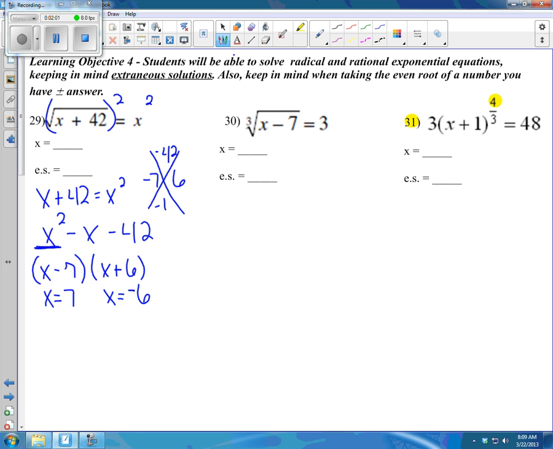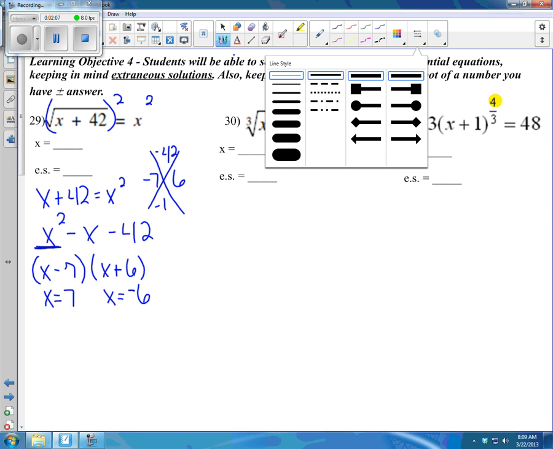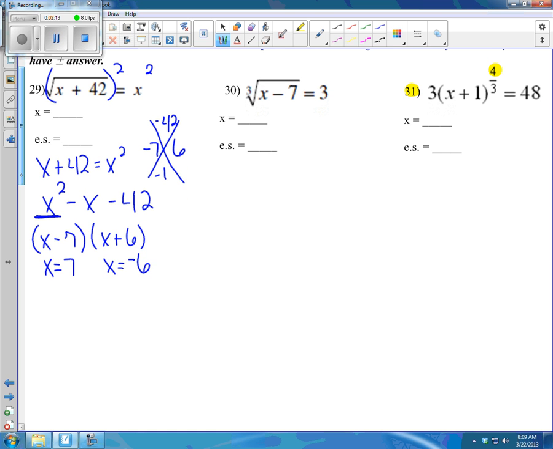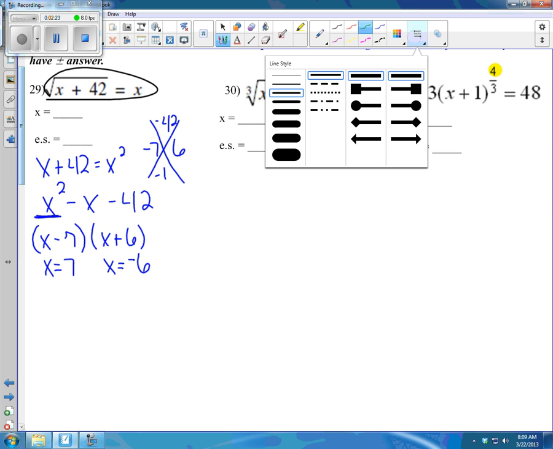But now what I'm going to do is see if either of them, both of them, none of them are extraneous. So I'm going to start with the 7. So I'm going to take 7 and I'm going to plug it back into the original equation. So I'm going to erase the original equation. And I'm going to be using the square root of x plus 42.